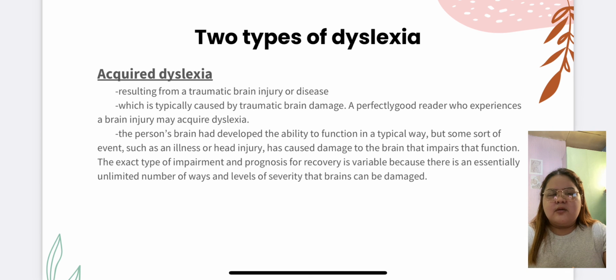So after the accident, naglahi ba, hindi na siya kabalo magbasa, hindi na siya kabalo mag-analyze sa iyang ginabasa, kay mao na ang na-cause sa brain injury, mao na ang nag-acquire sa dyslexia sa iya.